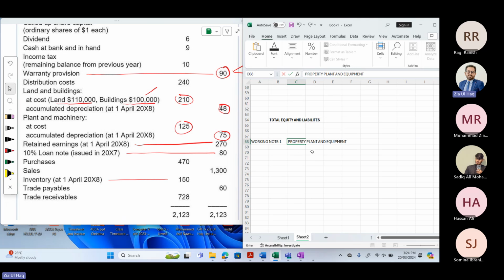What we need to do, we need to put some headings here. Here we will record the asset name. By leaving 2 lines, we will record its opening balance or cost. Then we need to record any addition like purchase during the year, if there is any. Then we need to record the sales during the year, like if there is any disposal. And we can calculate its closing figure.